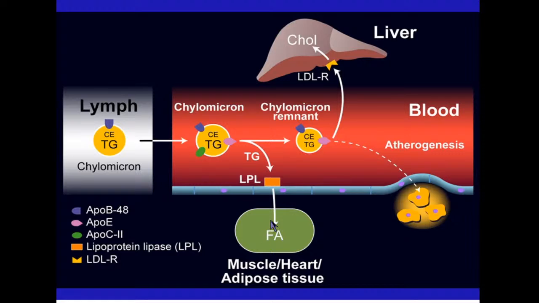Triacylglycerols will go inside of the muscles or heart or adipose tissue, mainly as free fatty acids. As you remember, glycerol phosphate can be formed from free glycerol only in the liver, so it is not utilized in the adipose tissue. Then remnants are taken by the liver, by the special receptors in the liver, and converted to lipoproteins with higher density.